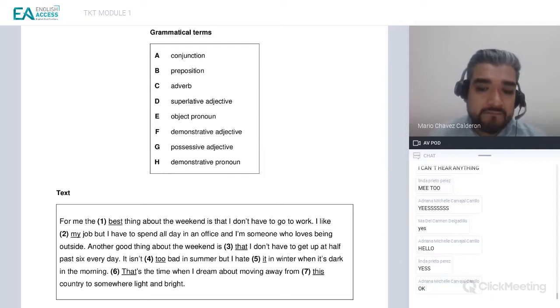And the number 7, when I dream about moving away from this country. The options are possessive adjective, object pronoun, adverb. From this country. Well, that should be a demonstrative pronoun too, but let me see, wait a second. I guess I made a mistake, but I don't remember in what part I made a mistake.